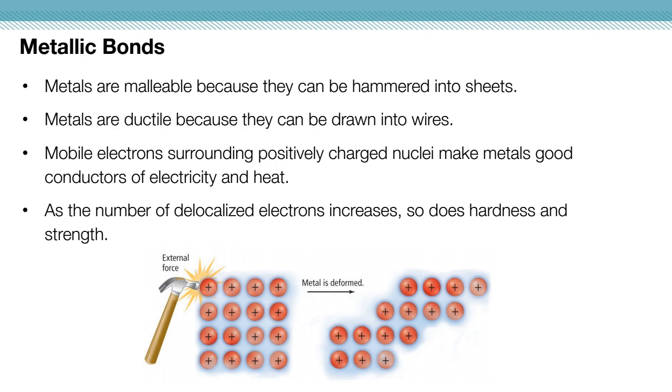So some properties of metals, we know that they're malleable, which means they can be formed into different shapes. We know they're ductile, which means they can be formed into wires. We learned that from last chapter. And we said that that was because of this electron sea model. This is just an illustration showing that to you. When metals are bonded together, because those atoms are kind of in this sea model, they can kind of just shift and change shape.